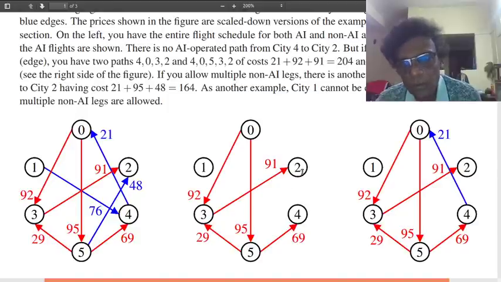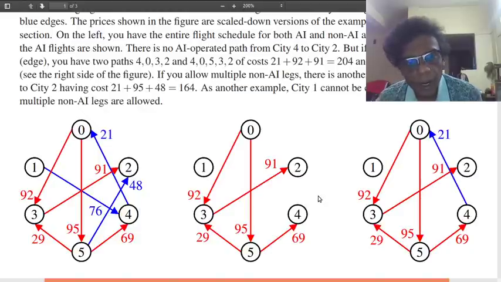If so, you modify the cost, but additions of different blue edges may lead to different paths from i to j. So you have to minimize over all these edges k, l. As this example suggests, you may have i equal to k or j equal to l, or maybe both. Okay. So take care of this.